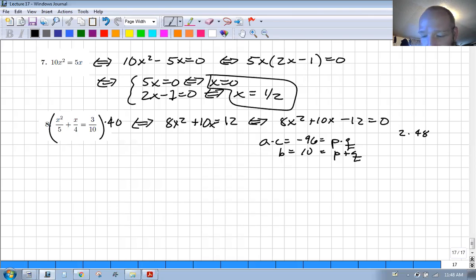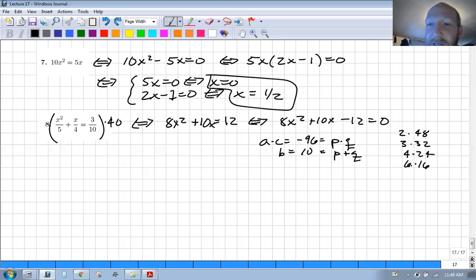or 3 times 32. 4 times 24. None of those are working out. Let's see. 6 times 16. One of these has to be positive and one has to be negative because it's a negative 96.